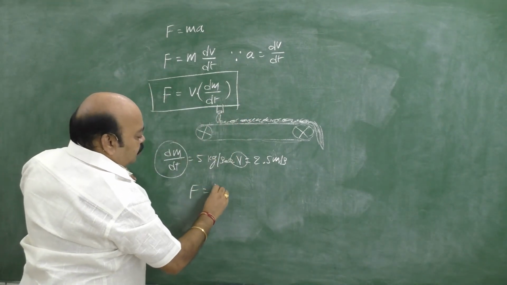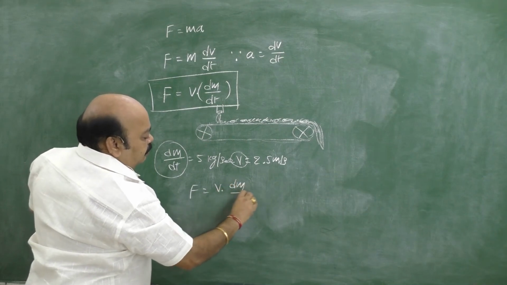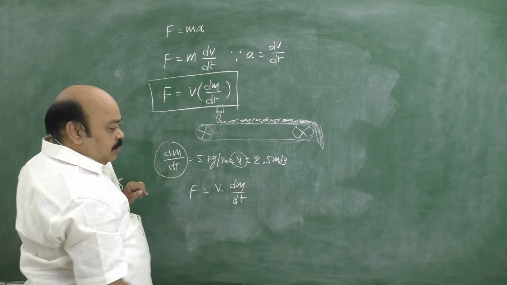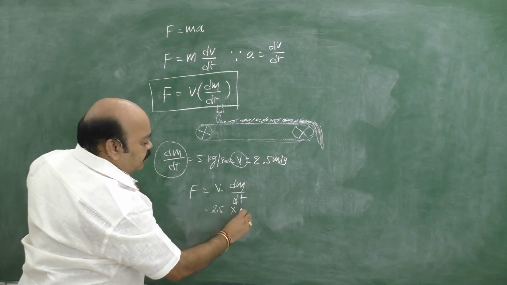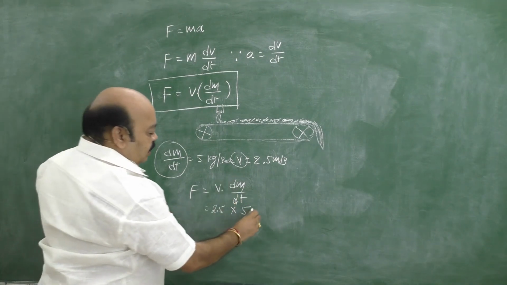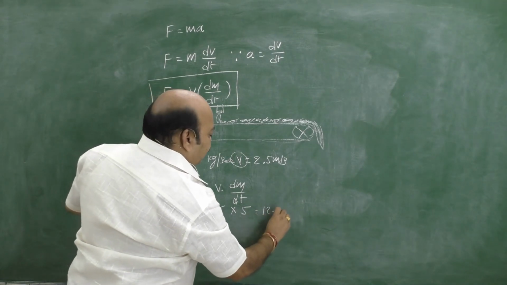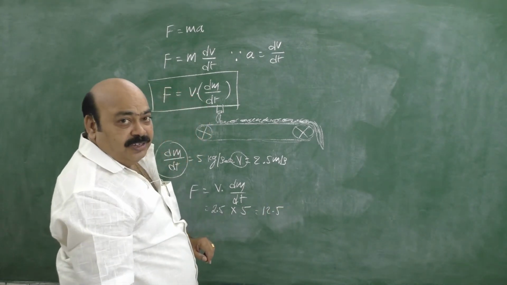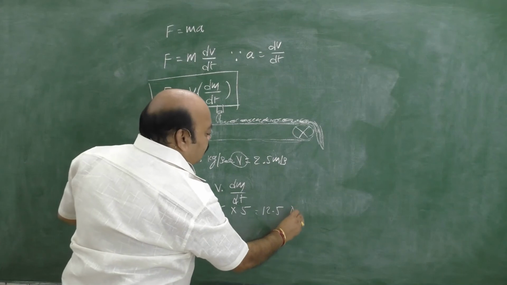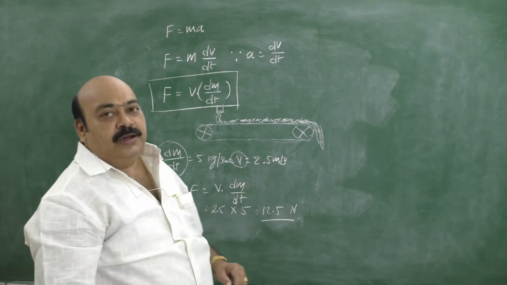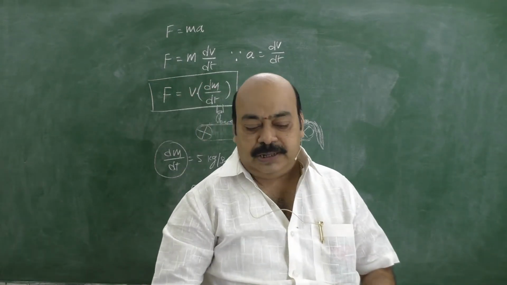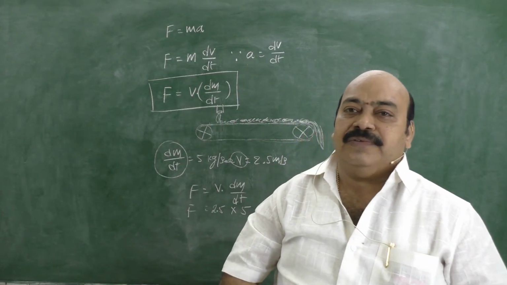F is equal to V into dm by dt. V is 2.5 into dm by dt, which once again is 5. It is nothing but 12.5. Can you write the unit of force? Good. It is Newton. This is the force required to maintain the conveyor belt moving with a constant velocity.